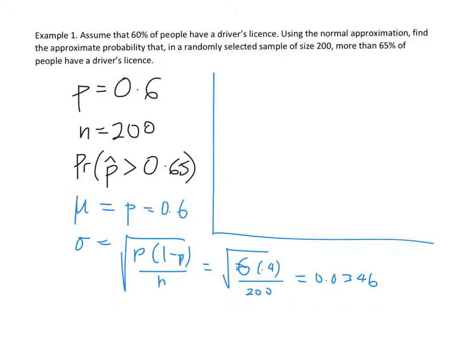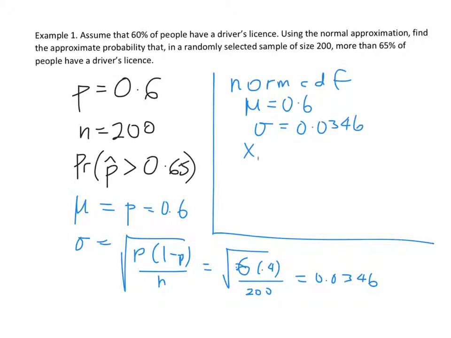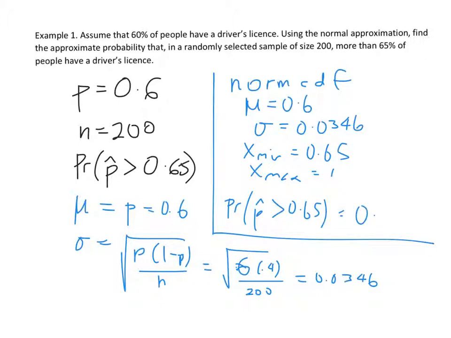Then you apply your normal cumulative distribution function, where you start with a mean of 0.6, standard deviation of 0.0346, starting value of 0.65, and a maximum value of 1. And so therefore the probability of p hat greater than 0.65 will equal 0.074457, which you round off to whatever the question asks you for.